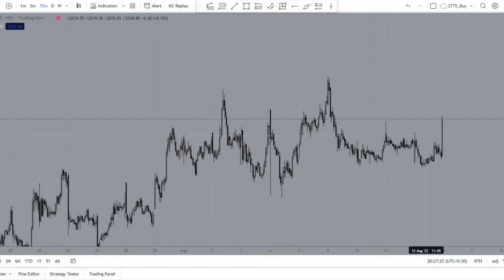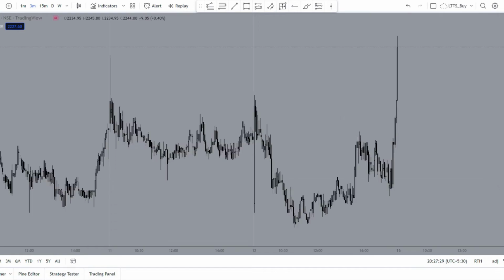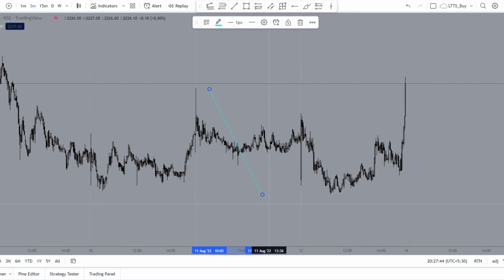If you see, you are still getting another chance for an entry here. Yeah, it's a good chance. It's giving a good setup. Why? Because on the 3-minute chart, if you see, it made a swing lower, and after that this particular high has been broken to the upside.